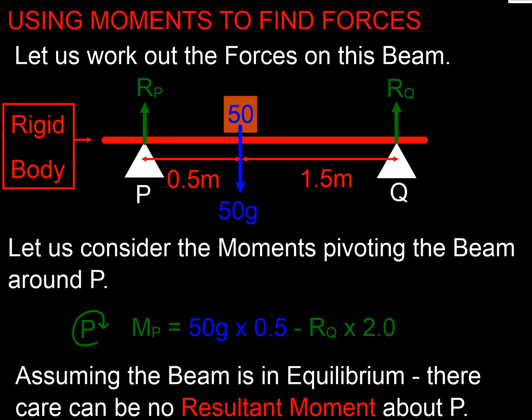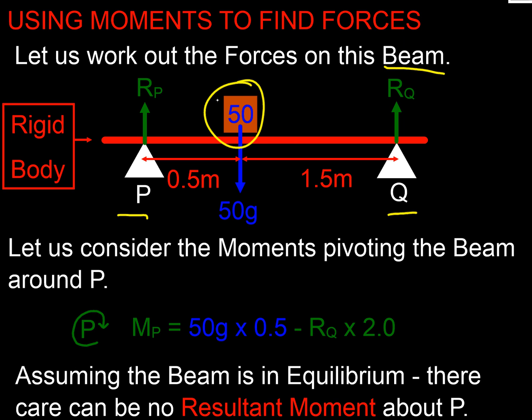Okay. Next step I want to think about is how we can use moments to find forces. I've extended our problem here, and rather than having a single pivot, I've got a beam supported at either end at P and Q. So that's the same as a bridge, isn't it? If I put a weight in the middle of a bridge, what I'd like to know is what forces are at either end.